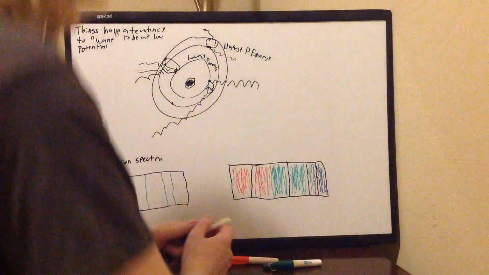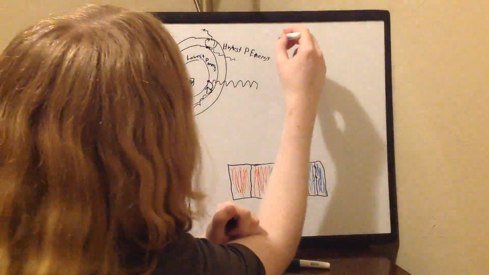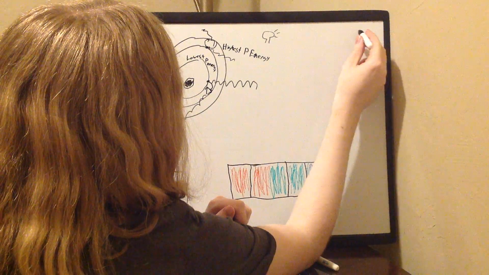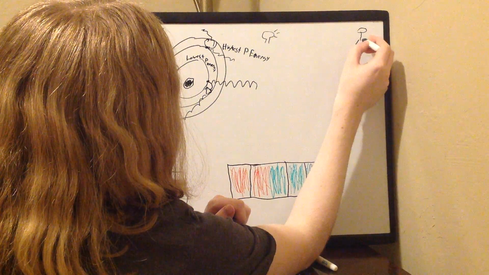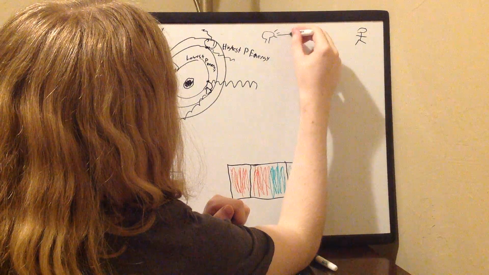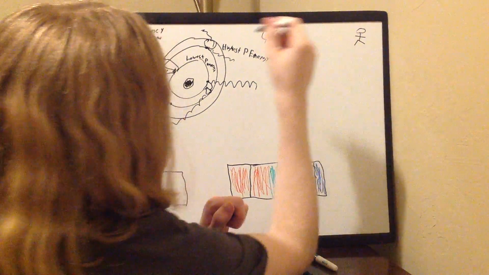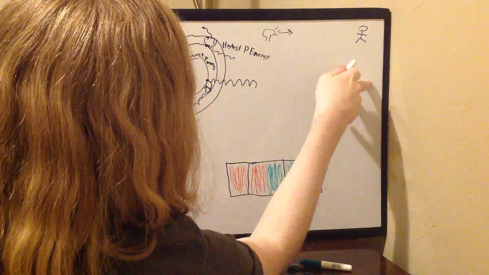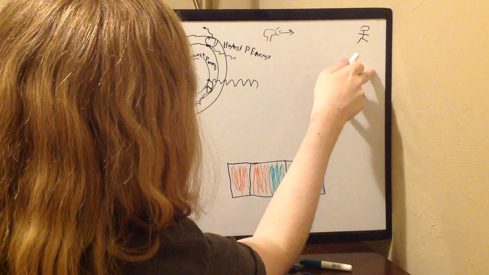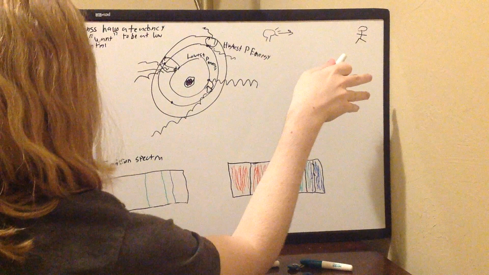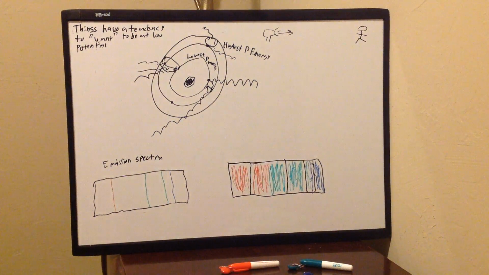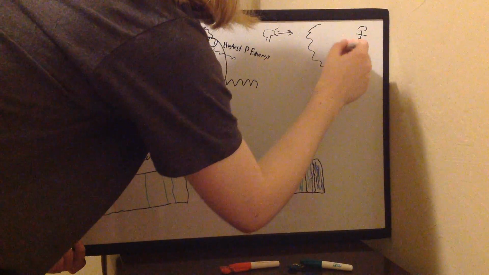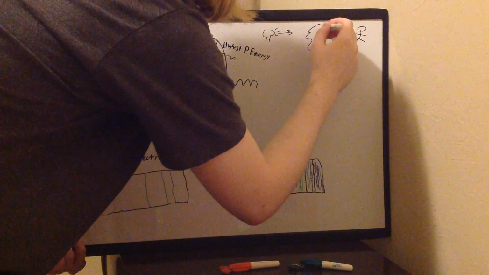So, let's imagine that I have a light bulb, it's just giving off light, and here's me over here. I'm looking at the light. But unbeknownst to me at first, between me and the light bulb is a cloud of dust.